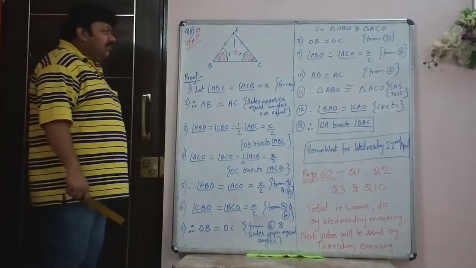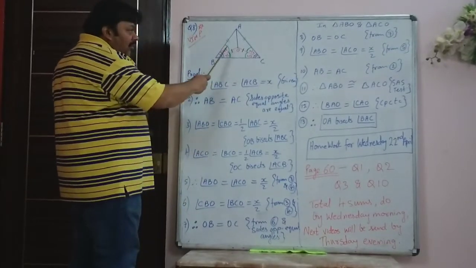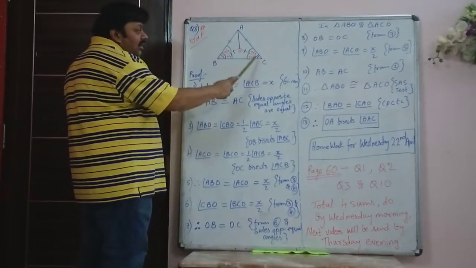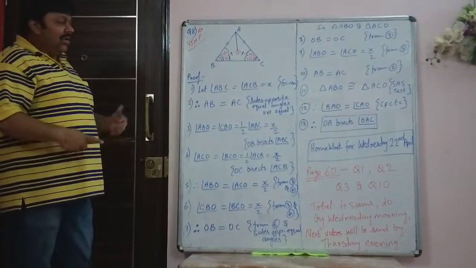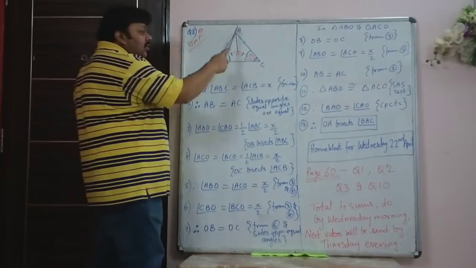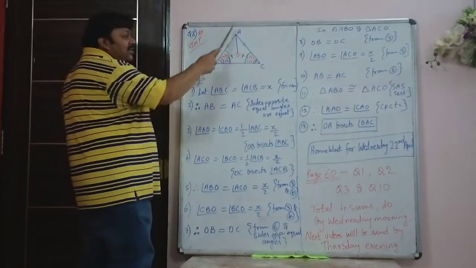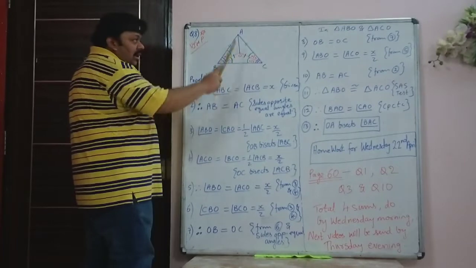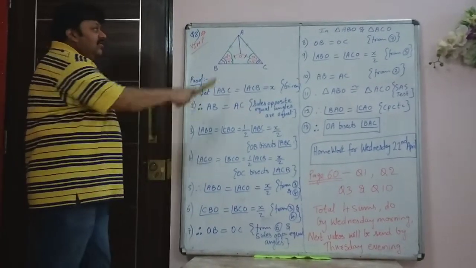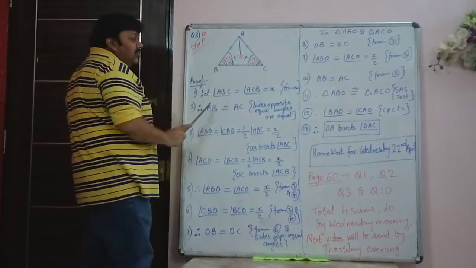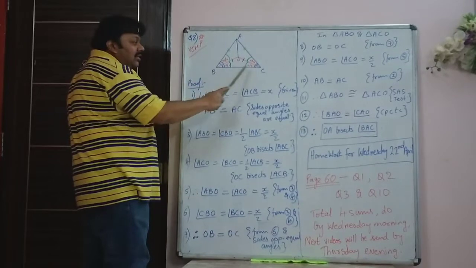Now in this sum, first of all they have given you that angle ABC and angle ACB are equal. So I am assuming both those angles are equal to x. And they have given you that OB bisects angle ABC and OC bisects angle ACB. So that is why ABO and OBC are both half of angle ABC.